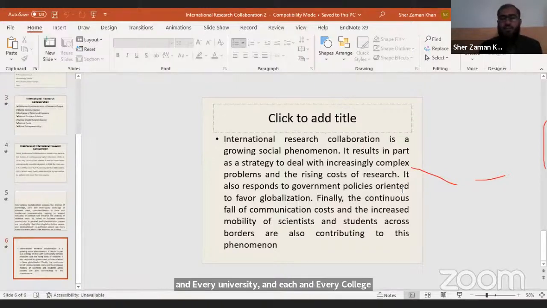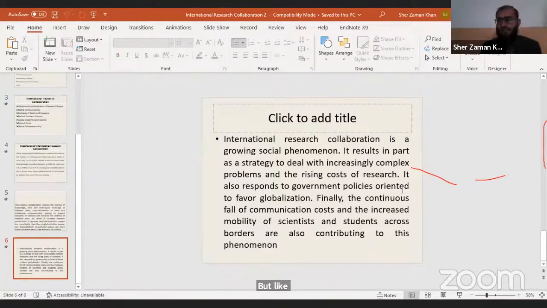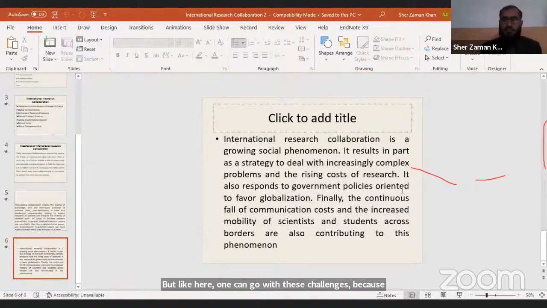As far as the barriers of international research collaboration are concerned, of course there are, but luckily one can cope with these challenges because these barriers are not constant and natural. These can be handled by using optimization and simulation.